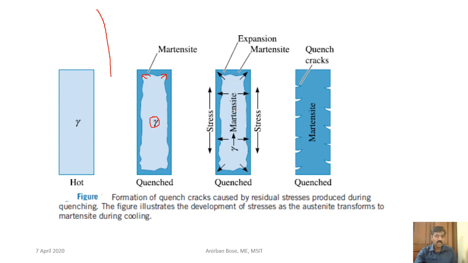In this way residual stresses develop within the material, and because of the tension in the martensite, there is a chance of a crack forming at the surface. This is called the quench crack. This is a dangerous problem that happens during quenching. Many times it has been observed that during quenching a quench crack occurs and the material fails.